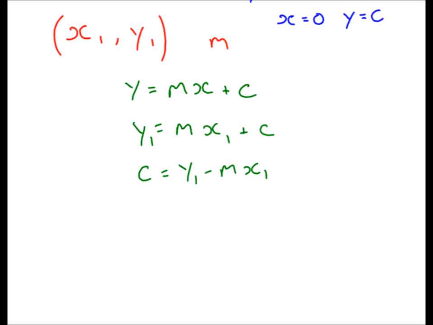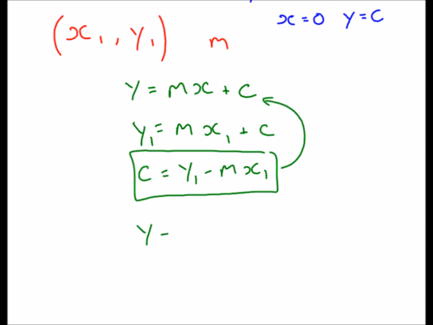But that's an awful lot of work. What I can do is I can take this general version of my c point and put it back into my equation for y equals mx plus c. So if I start off with my y equals mx, but instead of plus c, I'm going to write plus this bit, which is y1 minus mx1.